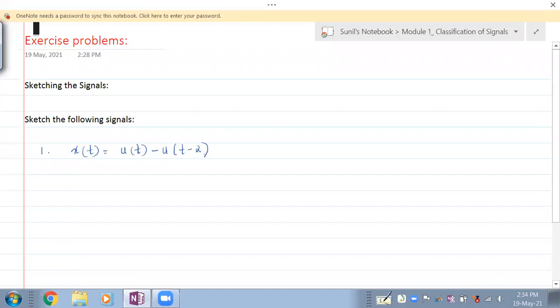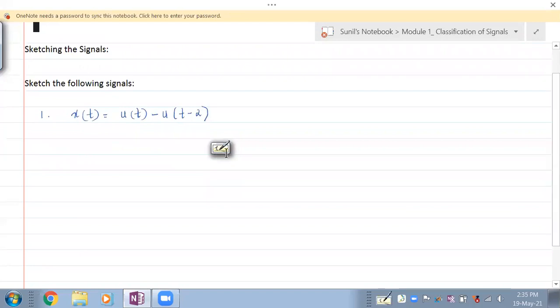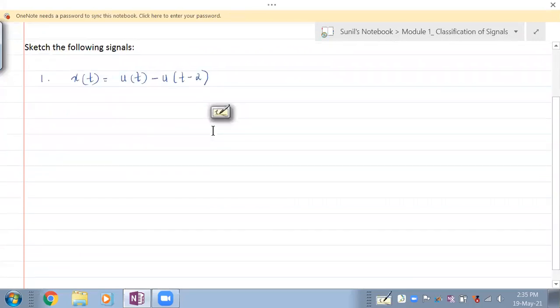Fine. Now, how would this signal look? If you sketch, see here, first you need to have u of t with you. That is this.